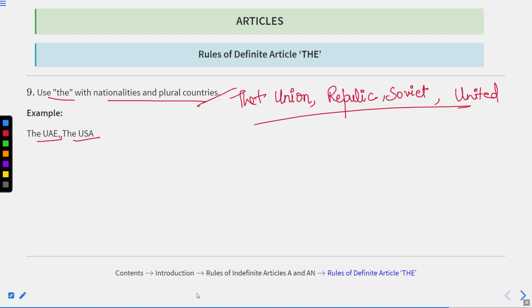For example, the United Arab Emirates, the USA, the United States of America, the Republic, or the Soviet Republic, the USSR. So we use "the" before it.